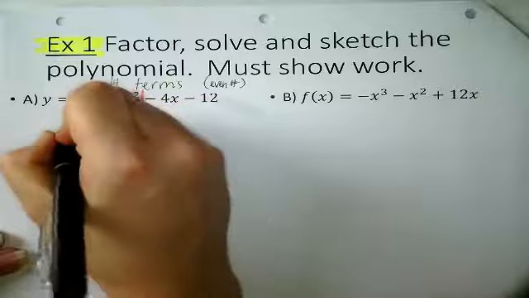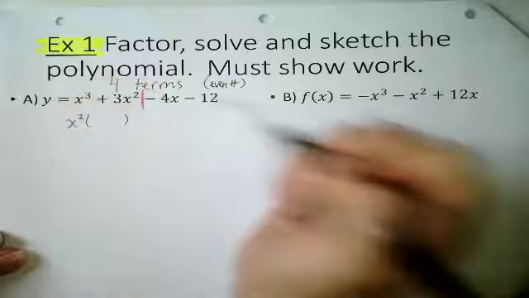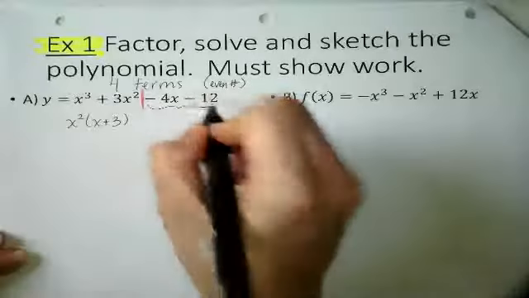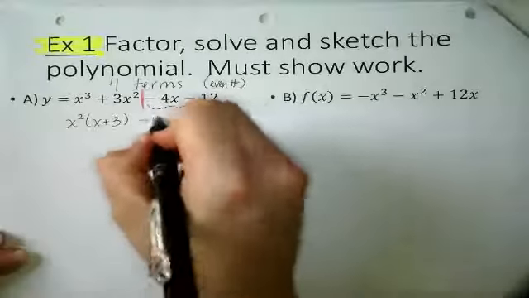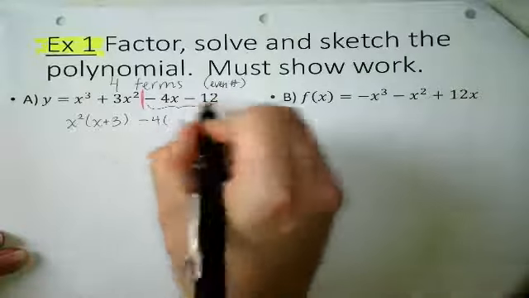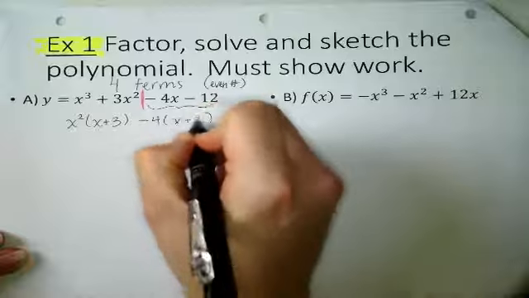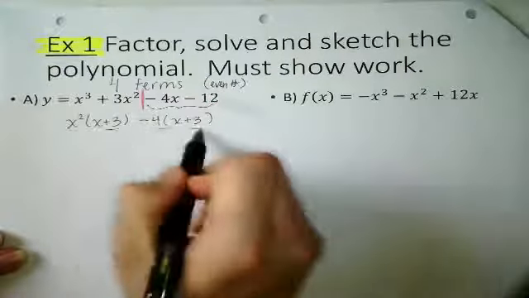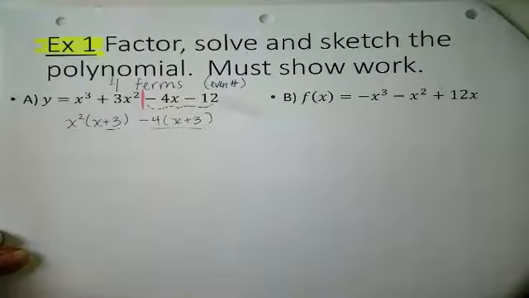So the GCF in front is x squared, and when I take out the x squared, it leaves behind x plus 3. Looking at the last 2 terms, we have a GCF of -4, and when I take out that -4, it's going to leave x plus 3. And now we've shrunk 4 terms to 2 terms, and they have a GCF.